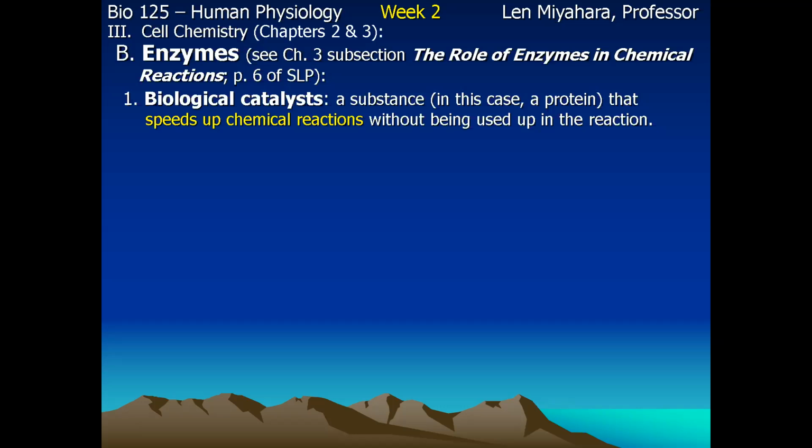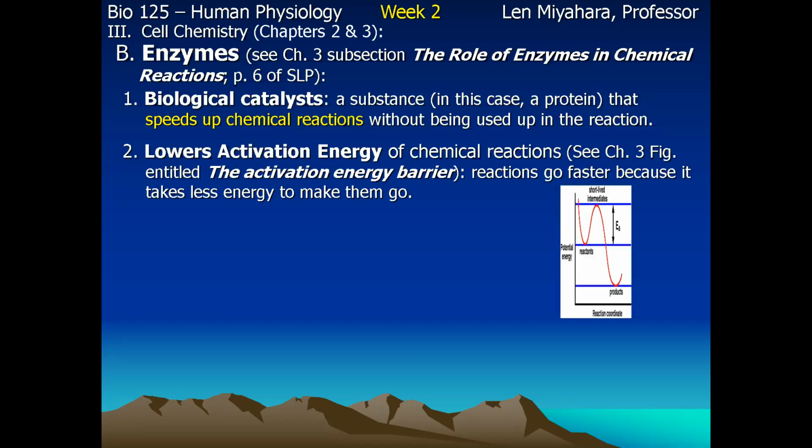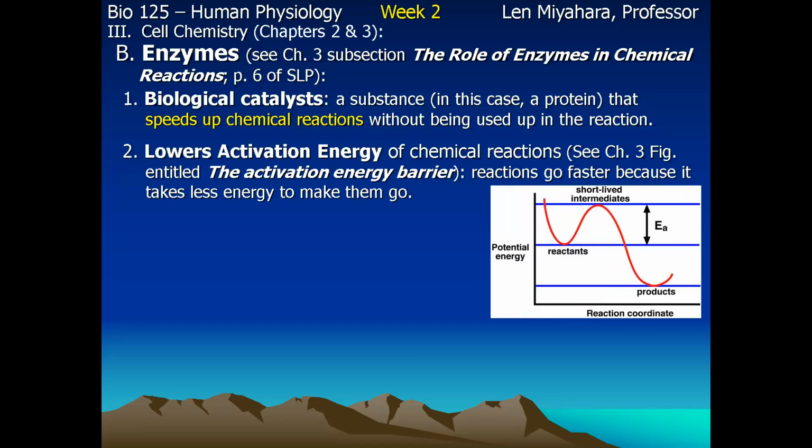All enzymes are proteins. One of the 4 biologically important macromolecules. It speeds up chemical reactions in our cells by lowering the activation energy of those chemical reactions. It's basically lowering the hump.